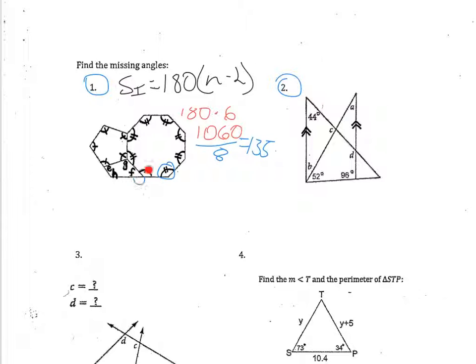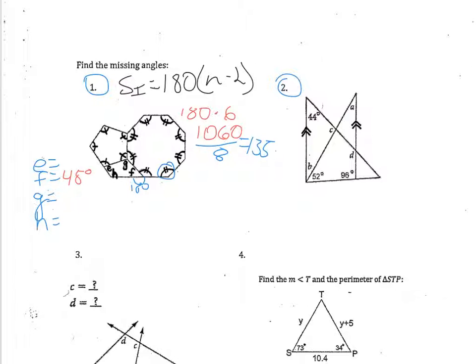So we can find f by subtracting 135 from 180. So I'll just mark this one here as being a total of 180 degrees. I'll make some notes off to the side, E, F, G, and H. And so 135 taken away from 180, or 180 minus 135, is going to mean that F is 45 degrees.